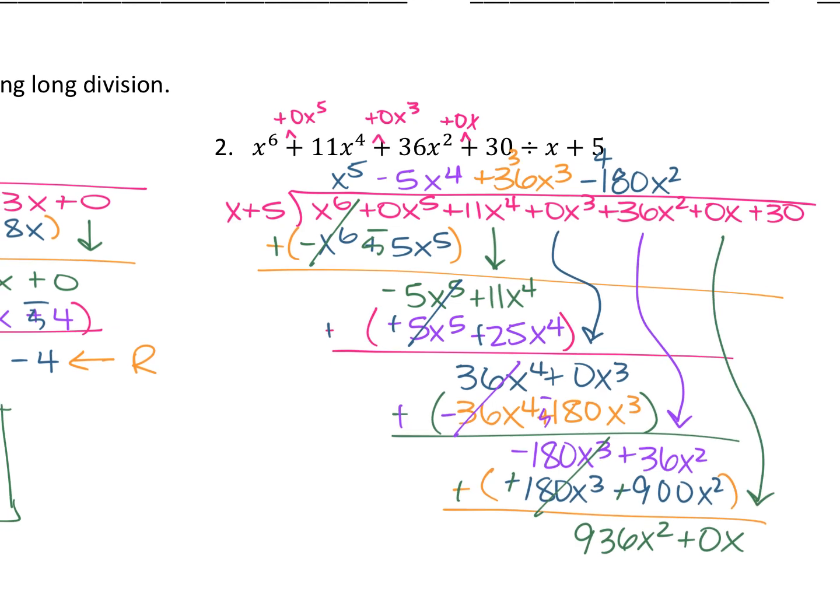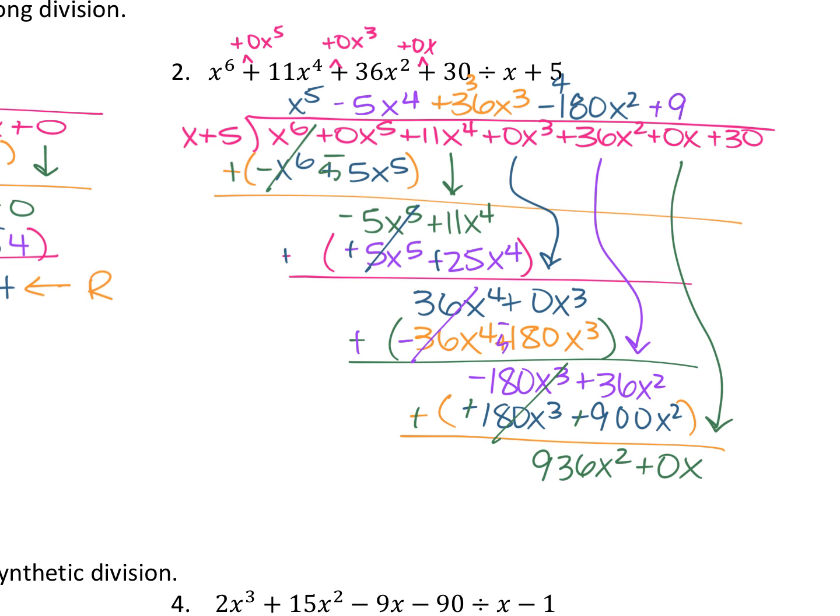Now from here, you're going to have 936x up top. Multiply that by the x plus 5. That's 936x squared. The 5 times 6 is 30. Carry the 3. 5 times 3 is 15, plus 3 is 18. 5 times 9 is 45, plus 1 is 46.